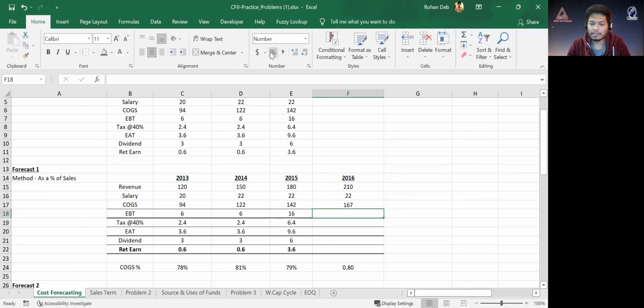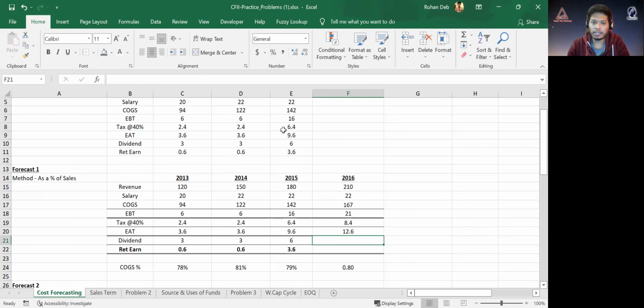Now, earning before tax is equal to 210 minus salary minus cost of goods sold, which is 21. What is tax? It is this one into 40%. And whatever remains, this one minus this one, 12.6 is the earning after tax.